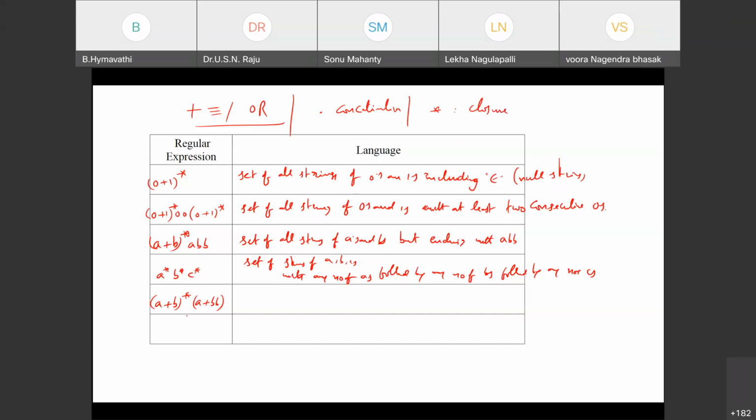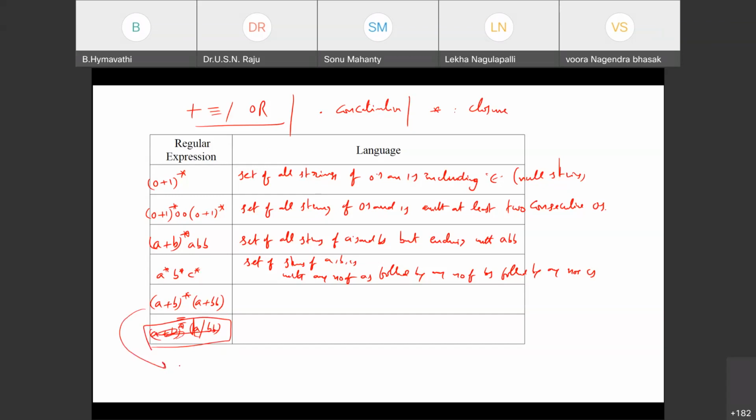Right. Now, what do you mean by this? Set of all strings of a's and b's ending with a or bb. Because, I told you, this is exactly equal to bb and a plus b whole star. So both these are exactly same. I'm writing it one more time.